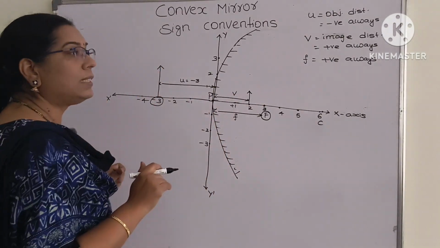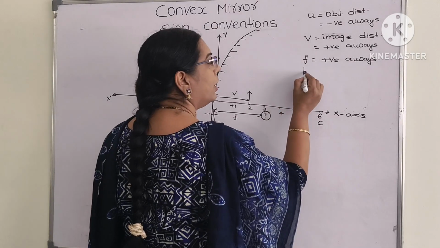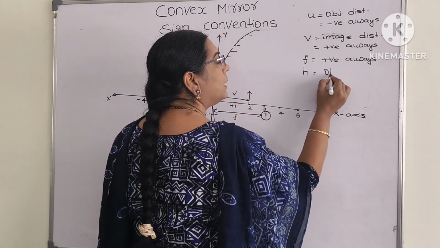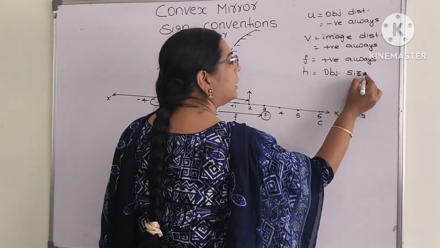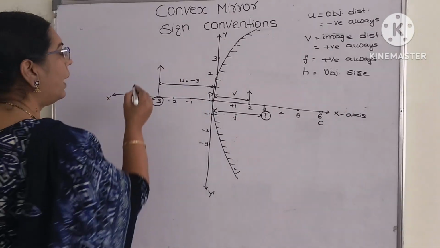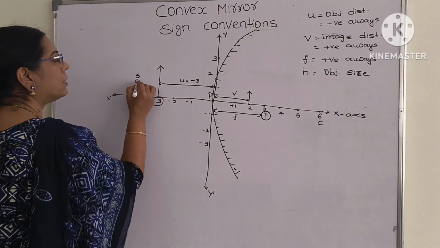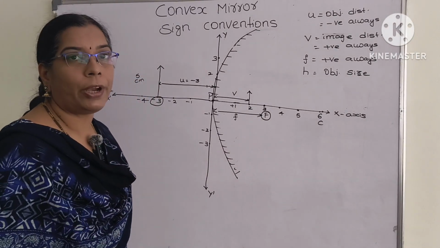Now let us worry about the height of the object. What is h? H is the object size or the height of the object. Imagine this is the object of height 5 centimeters. How is the object pointed?